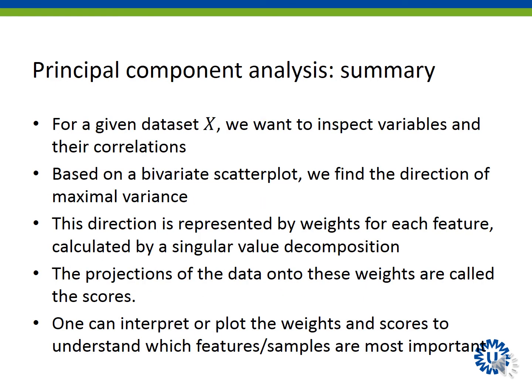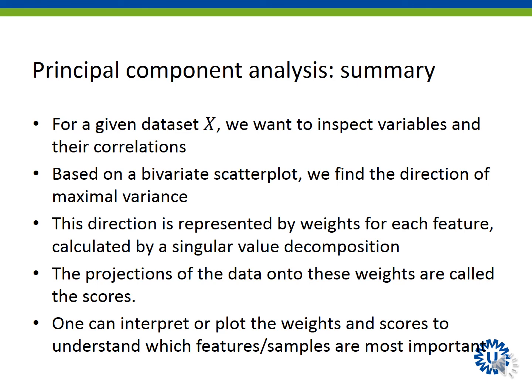So to summarize, for a given dataset X, we want to inspect variables and their correlations. Based on a bivariate scatter plot, we find the direction of maximal variance. This direction of maximal variance is represented by weights for each feature. And these weights are calculated by a singular value decomposition.